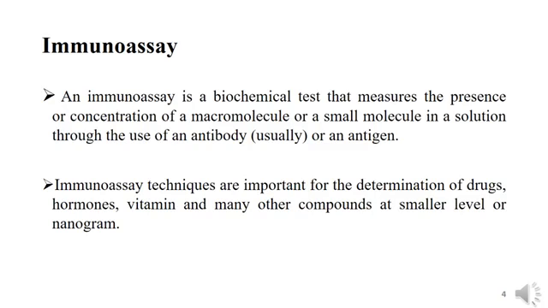Counting immunoassay. Counting immunoassays use polystyrene beads that are coated with multiple antibodies complementary to the target antigen. An antigen is a molecule that is recognized by the immune system, particularly by antibodies.